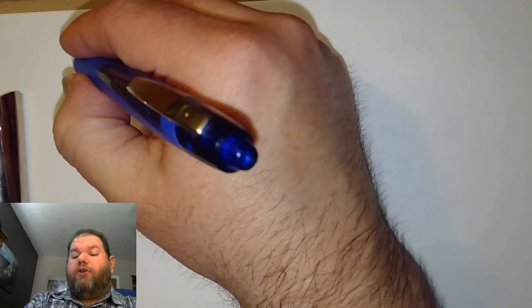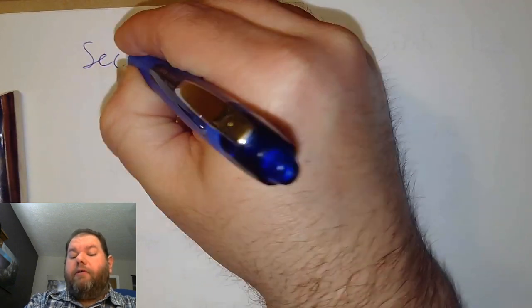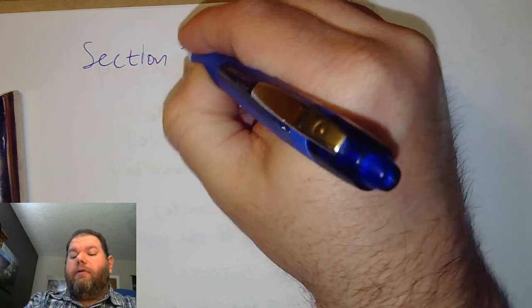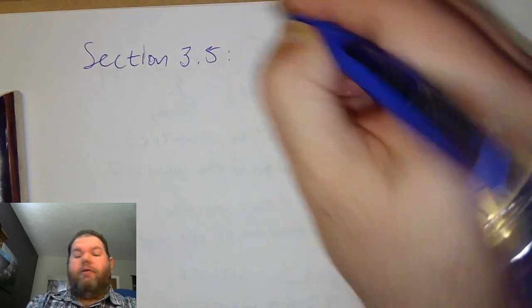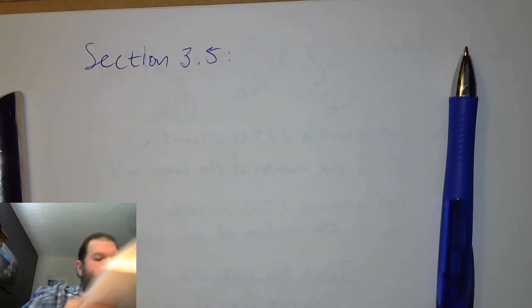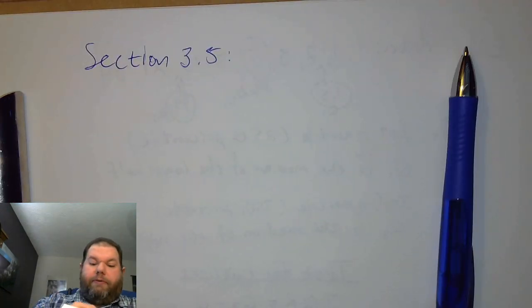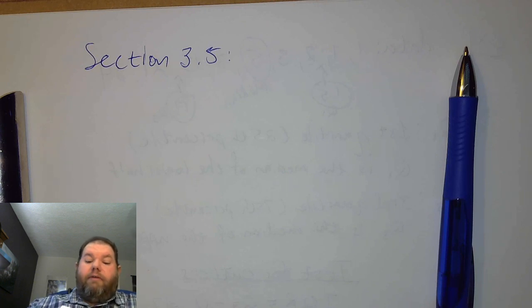Now, moving on to section 3.5. Let me see what the title of this thing is. 5-number summary and box plots.